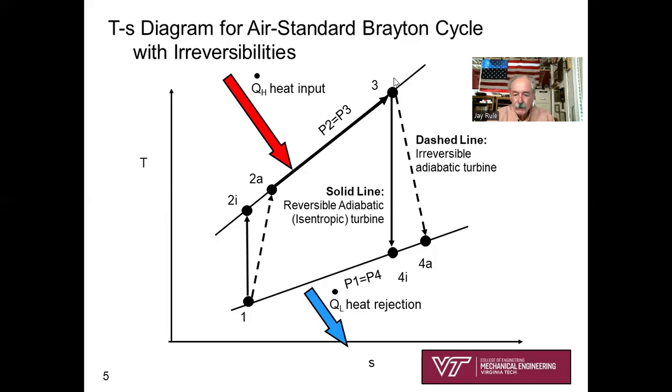And so we draw a dashed line from state 3 to 4A, for actual, to depict the actual adiabatic turbine. And then finally, we reject heat in our model. We reject heat to the surroundings to get back to state 1. You might want to take a screenshot of this video or something like that. This is a pretty darn good TS diagram for our basic Brayton cycle with irreversibilities.